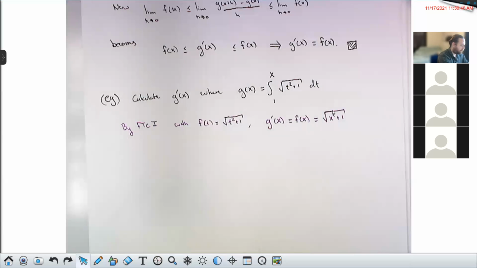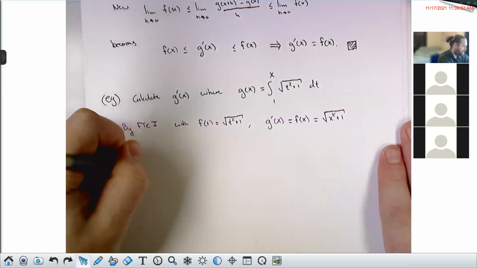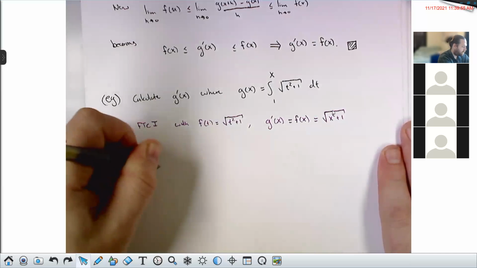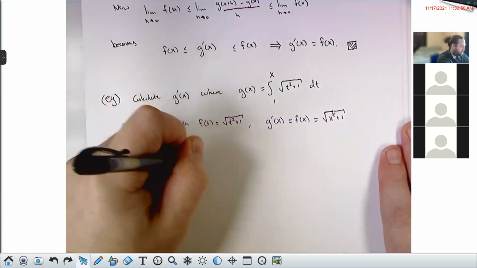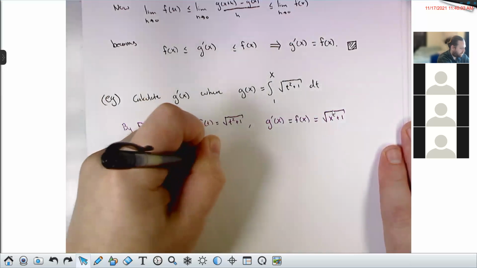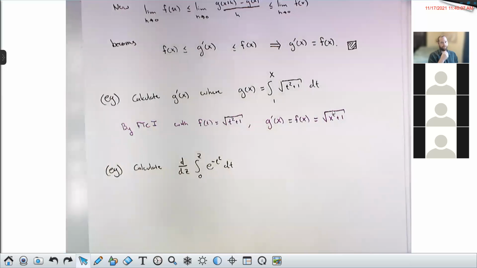These can be phrased in different ways. I could say calculate d dz of the integral from 0 to z of e to the negative t squared dt. Same thing. Here your little f is e to the negative t squared.